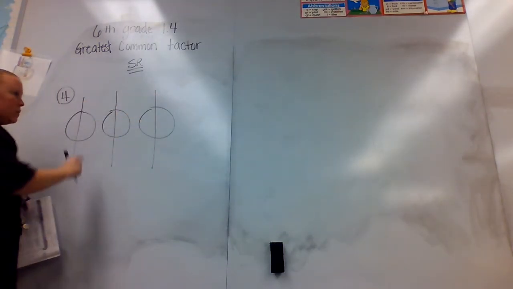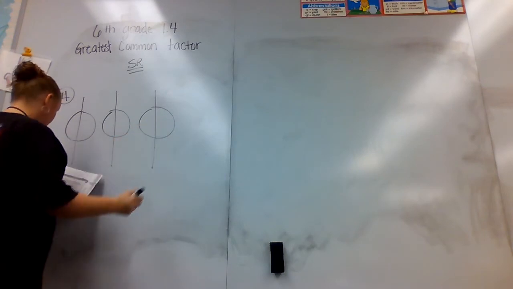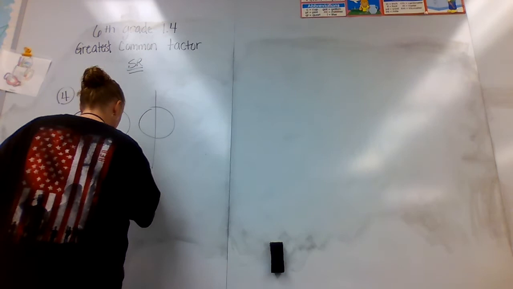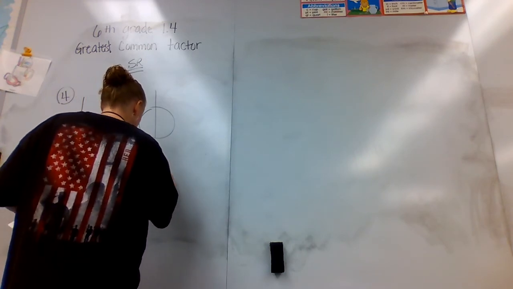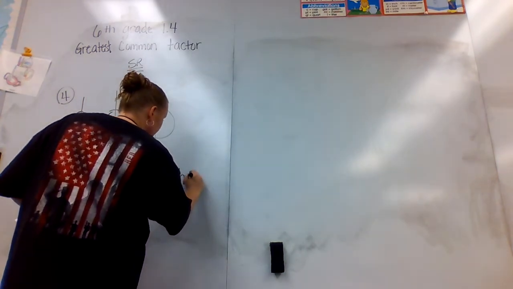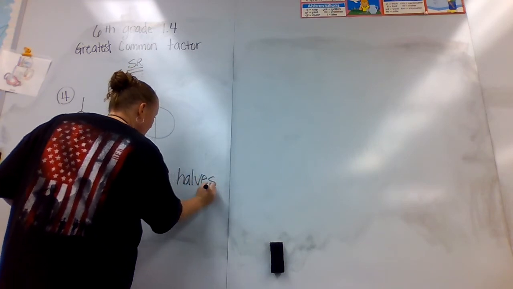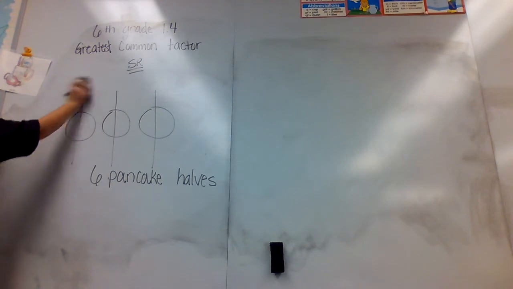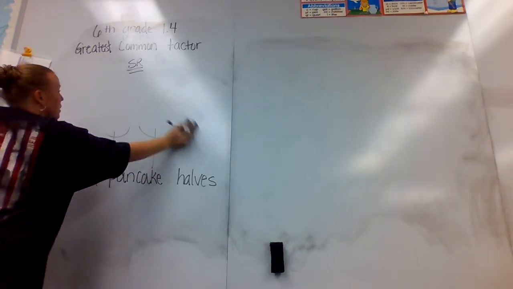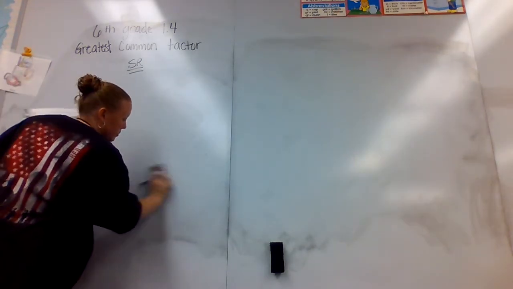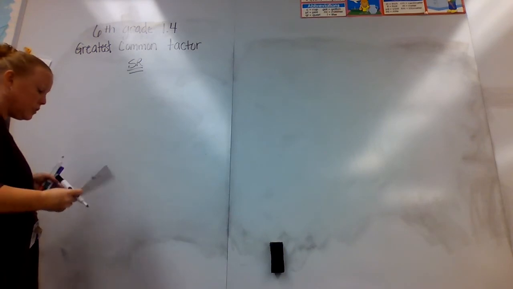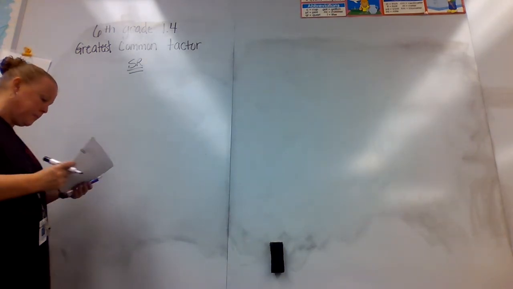How many are there now? 1, 2, 3, 4, 5, 6. 6 pancake halves. There you go. Okay. Doesn't always have to be numbers to show your work. Sometimes it's pictures. As long as you're getting there and you can show your work, you're good to go, okay?